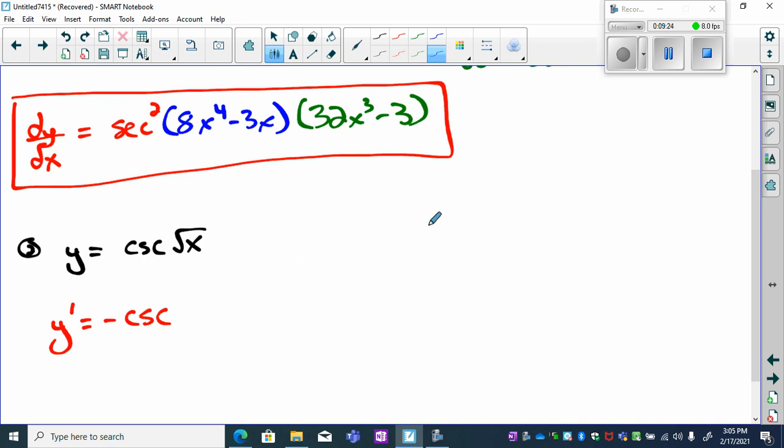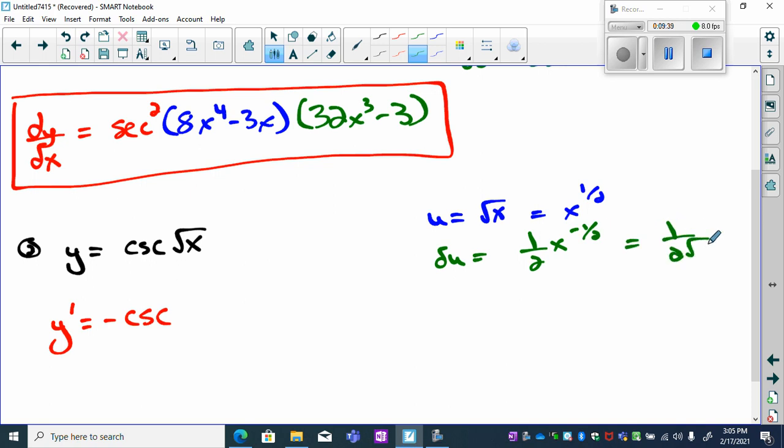In this case, my u value is root x, or x to the 1/2. The derivative of that would be 1/2 x to the negative 1/2, or 1 over 2 root x, if you will. So the derivative of cosecant u is negative cosecant u, cotangent u, times du.